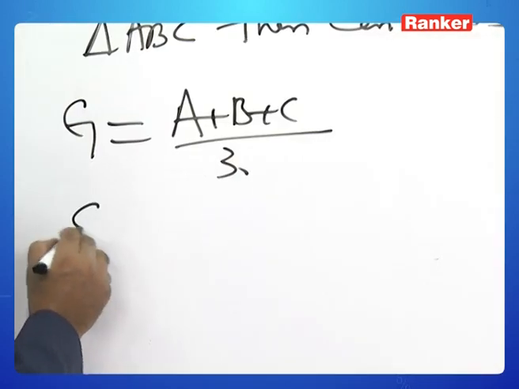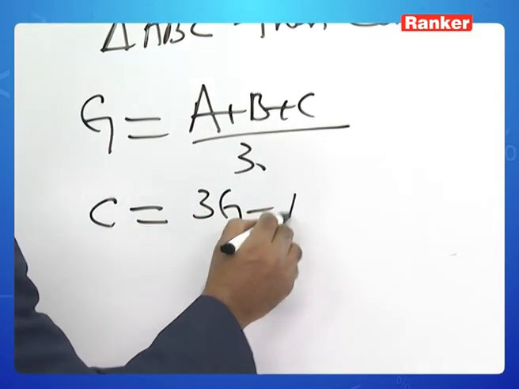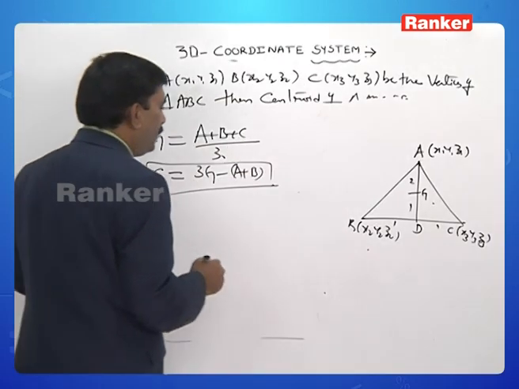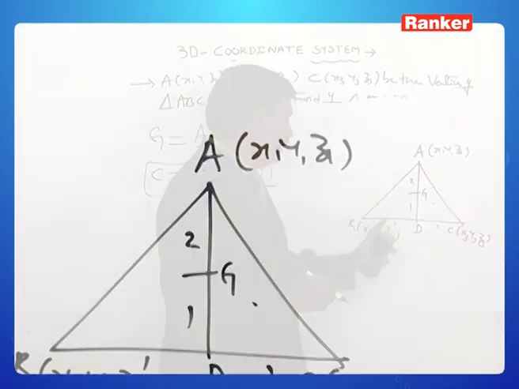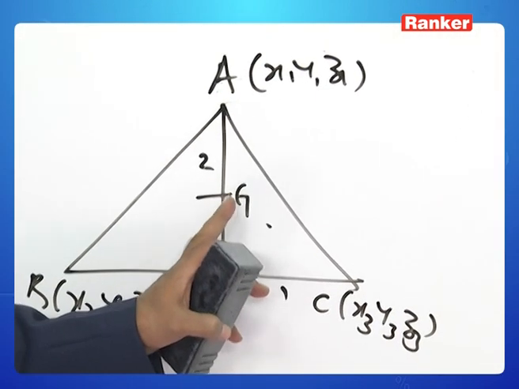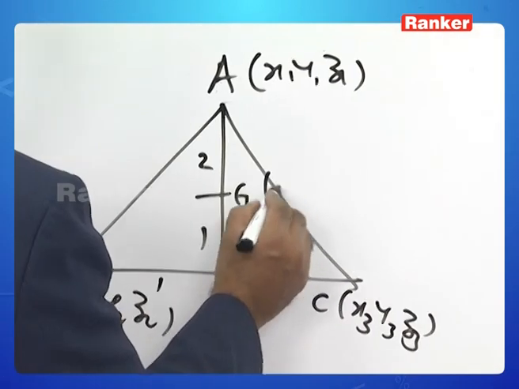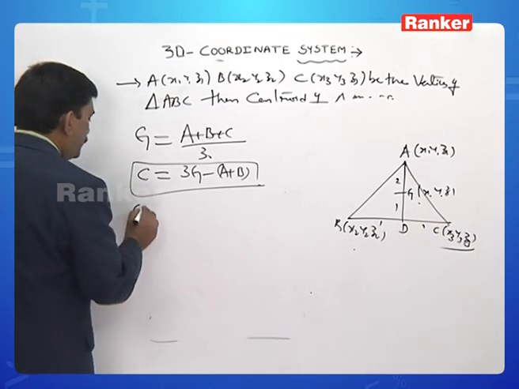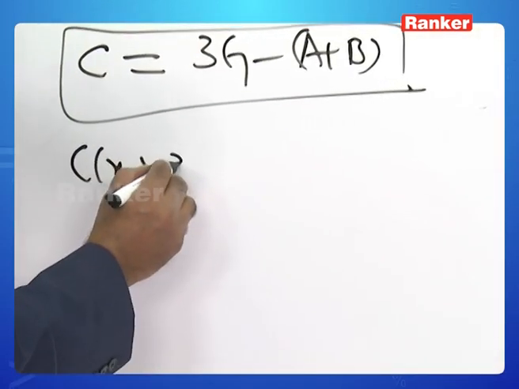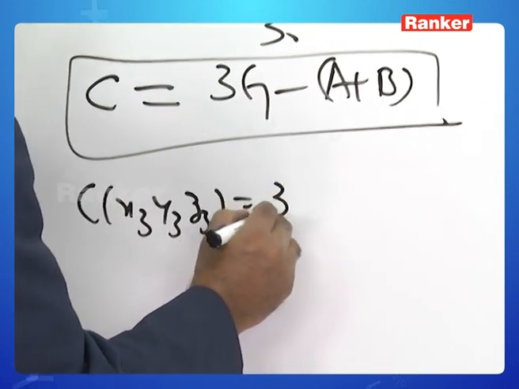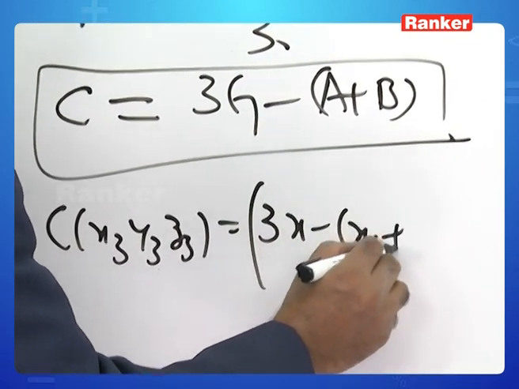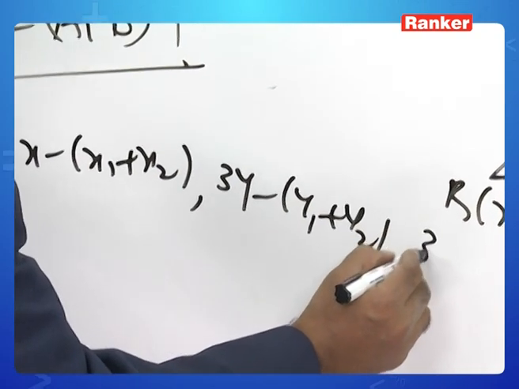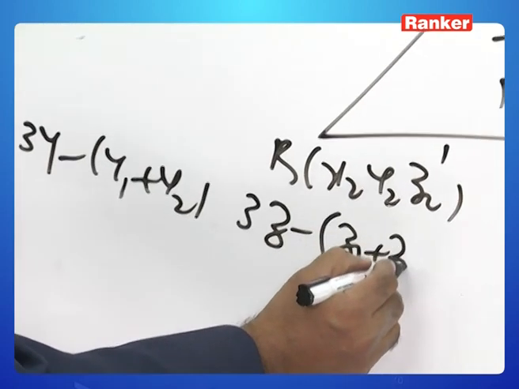If you do not know C, I can write C is equal to 3G minus of A plus B. So therefore, by using this, when x1, y1, z1 is known, x2, y2, z2 is known, and G of x, y, z is known, I am supposed to find out the coordinates of C. I can write C of x3, y3, z3 as 3x minus of x1 plus x2, 3y minus of y1 plus y2, 3z minus of z1 plus z2.